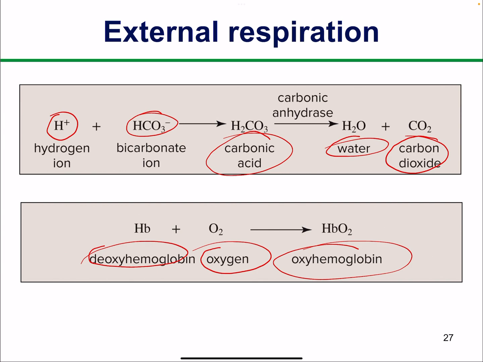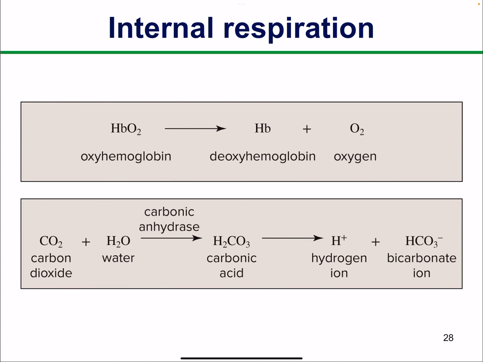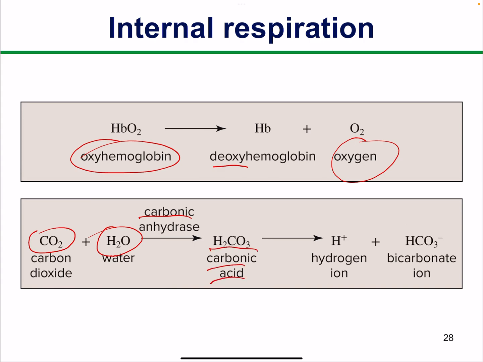In the lung area. Now, in the tissues, it's going to be the opposite. Oxyhemoglobin is going to dissociate into hemoglobin and oxygen, while carbon dioxide is going to combine with water to form carbonic acid.